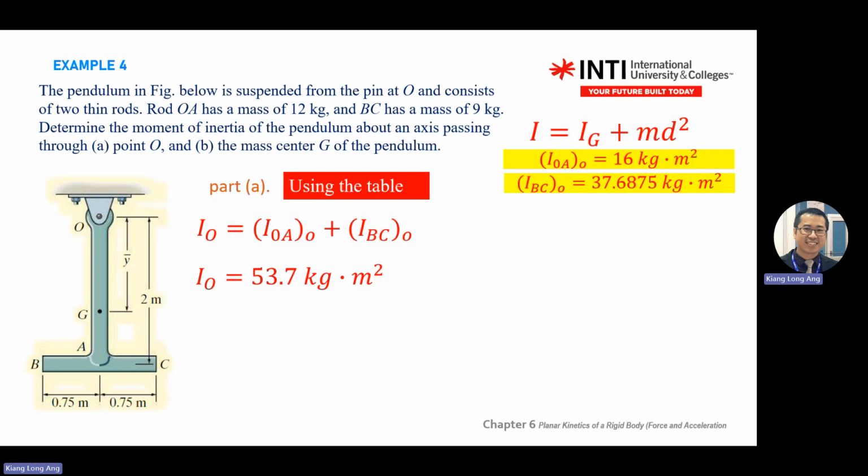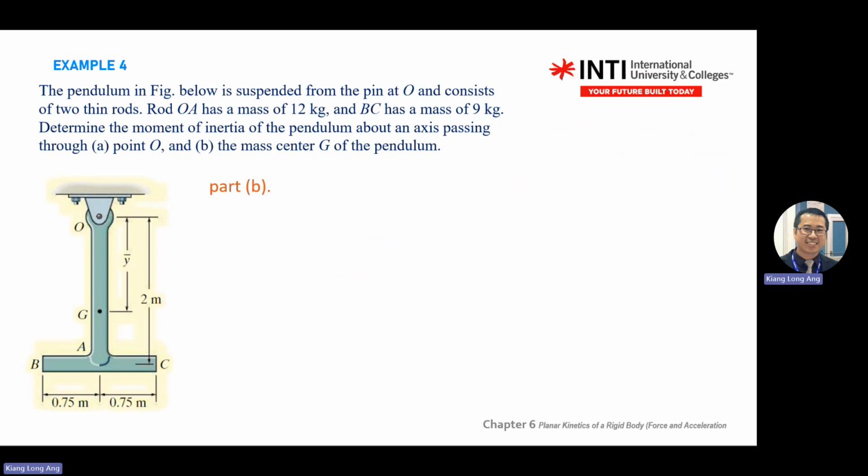See if you're able to imagine the steps. You know that you need to combine the moment of inertia of the first body and the second body. Now the second part is the center of gravity G here. For the first part, you need to find the Y bar, or the average Y there.